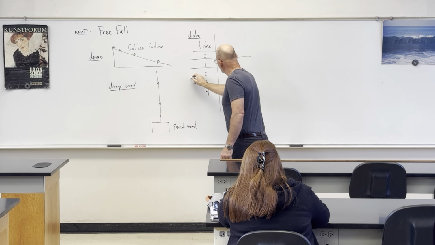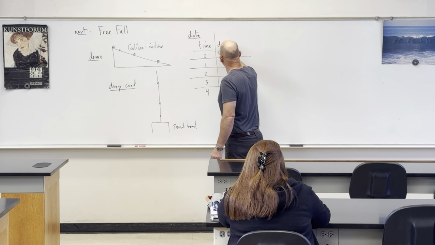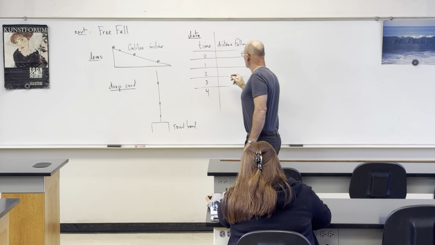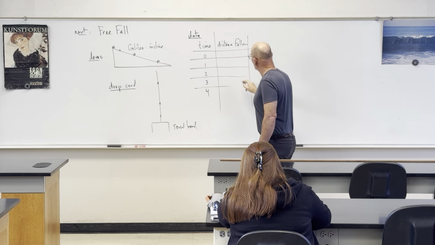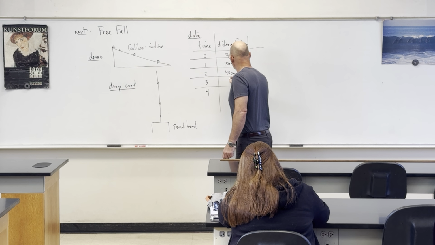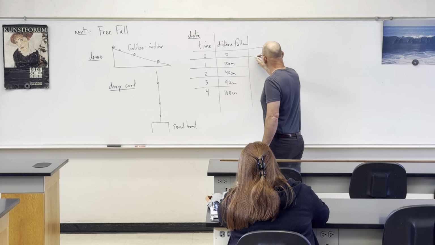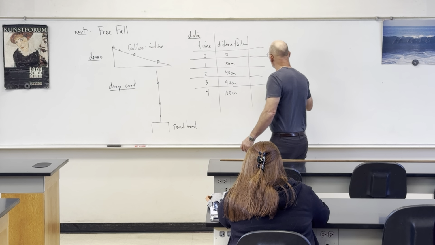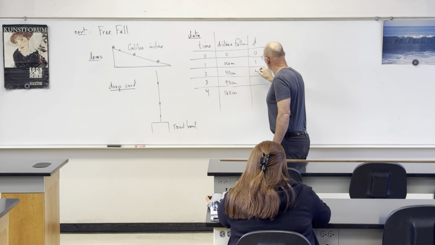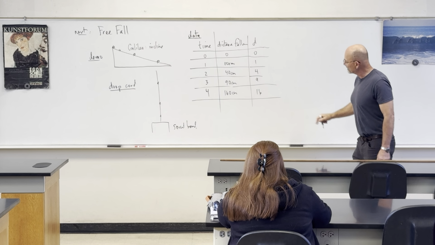And we didn't know what the unit is, but we know they're even. Okay, that's all we have to know. What about the distance fallen? That will be revealed. So what I had was 0, 10 centimeters, 40, 90, 160. And of course, if I just did that in arbitrary units, it would be 0, 1, 4, 9, 16. Yeah, what's the next number in this list here?